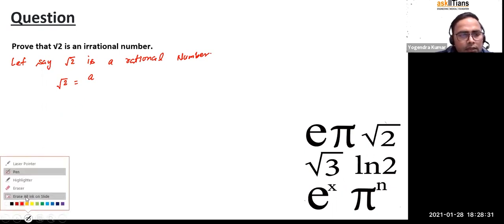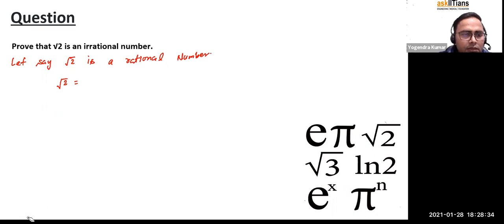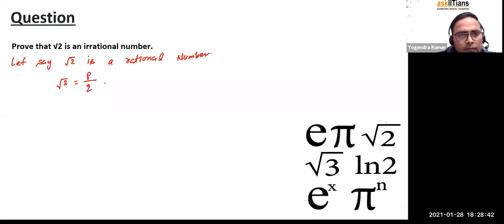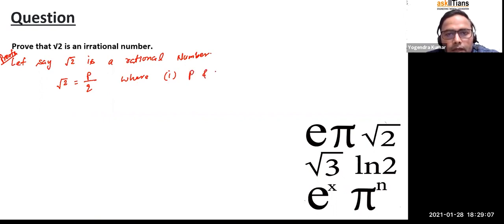I can write a by b also, but let me take p by q only, because all the definitions are given in that form. We need to remember the conditions, and when you give the proof, you should give all the points clearly there. Because it is a subjective question and we want full marks, we need to clarify all the points clearly, where p and q are integers.